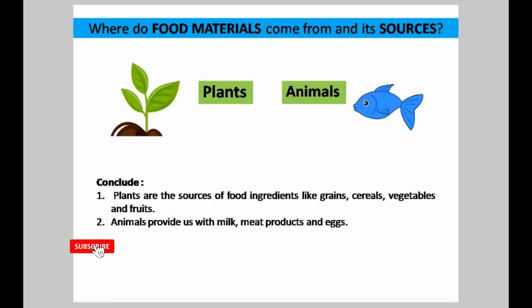So as we are all eating since birth, हम जब से पैदा हुए तब से खा रहे हैं, as पी भी रहे हैं, but we don't know the exact source of that food material.